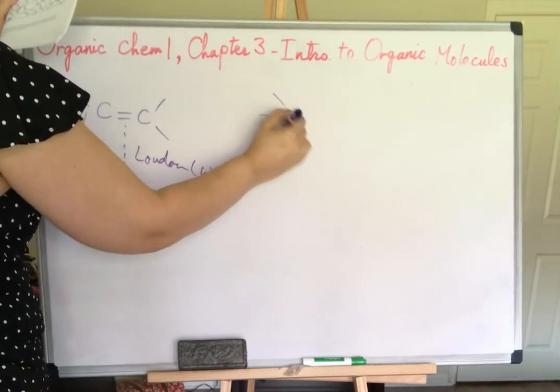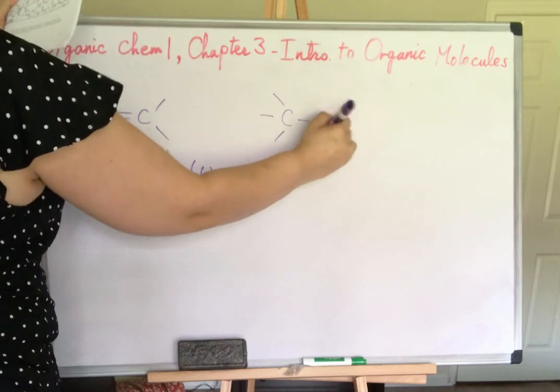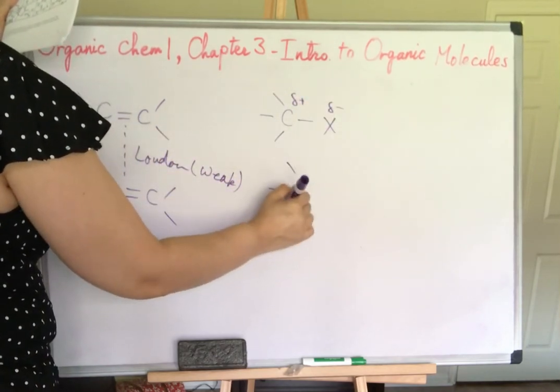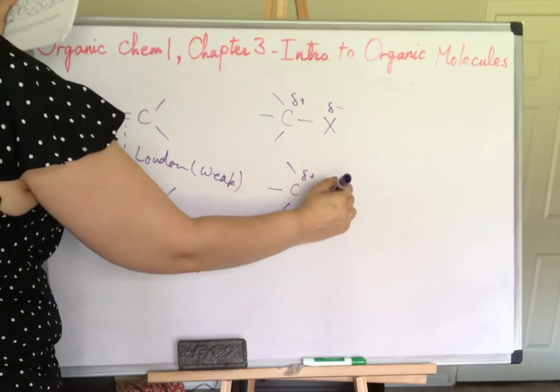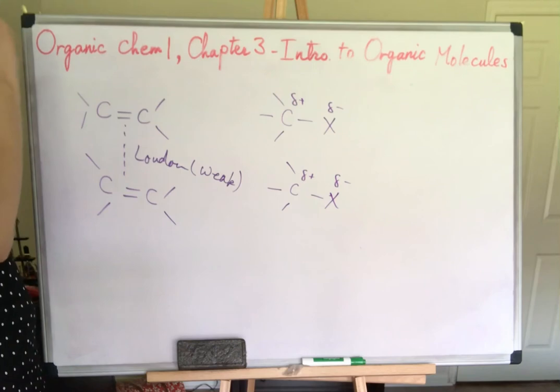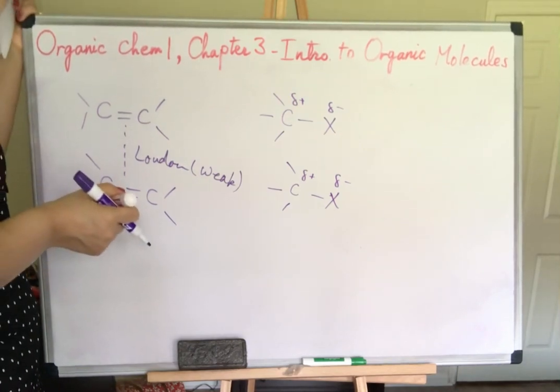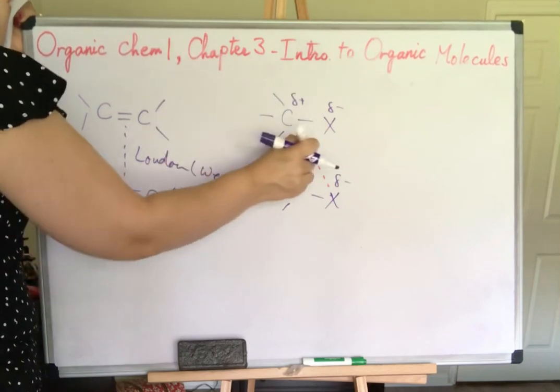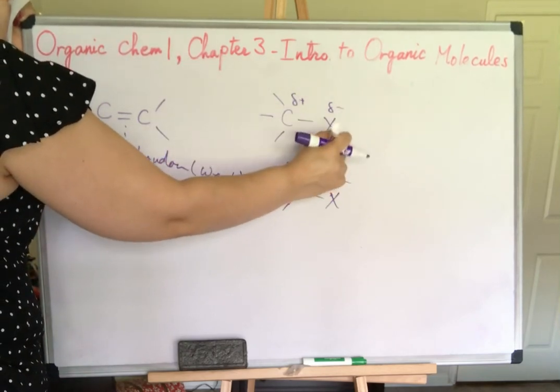Another one with different intermolecular force is an alkyl halide. You see, for alkyl halide, halogens are more electronegative. They make the bond polar, so between carbon and halogens, we have dipole-dipole.